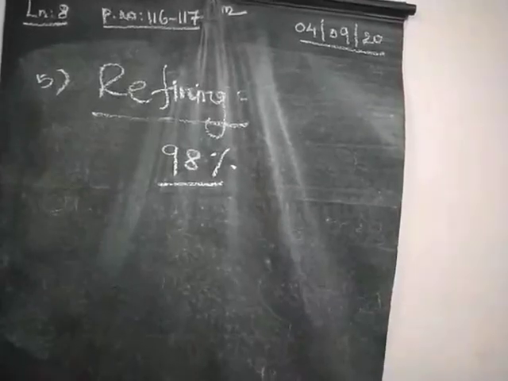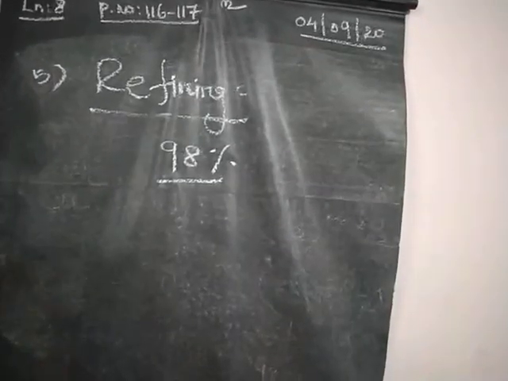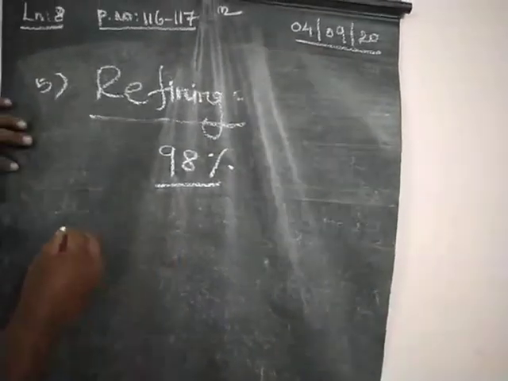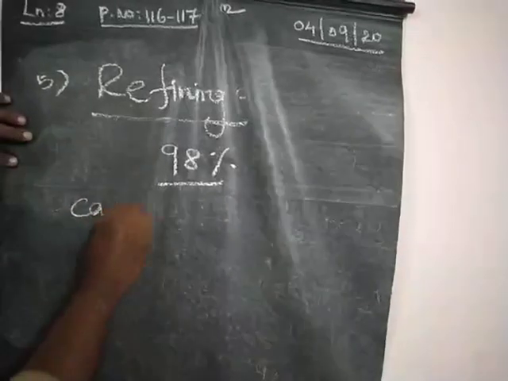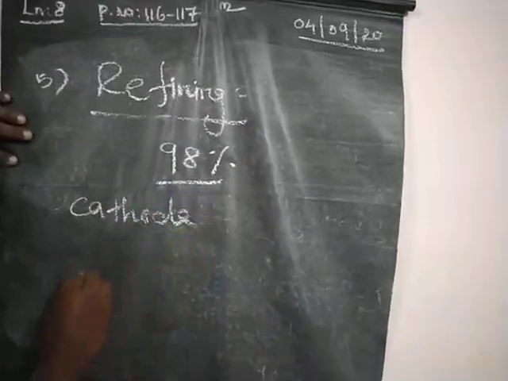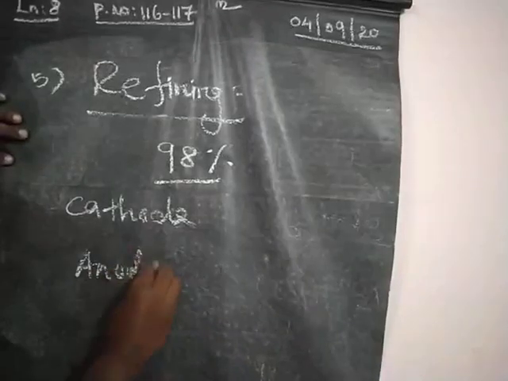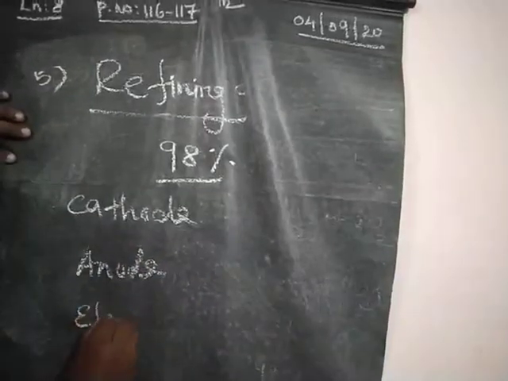The 98% pure blister copper we utilize for electrolytic refining. For this we take a cathode, an anode, and an electrolytic solution.